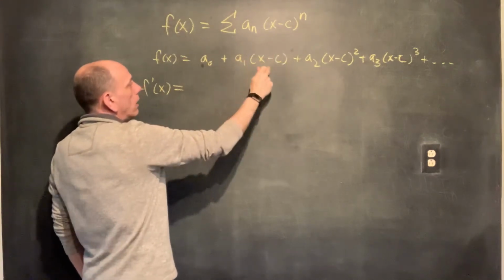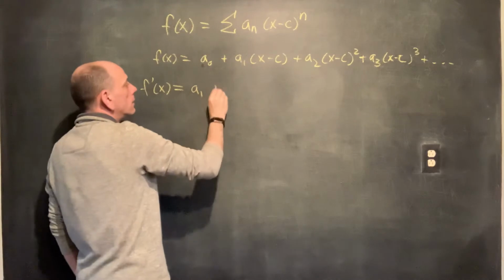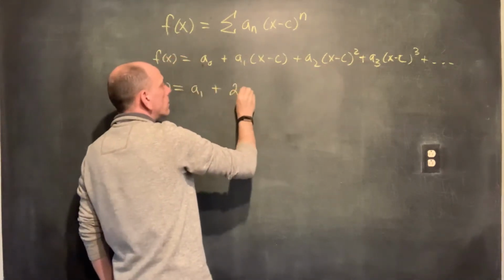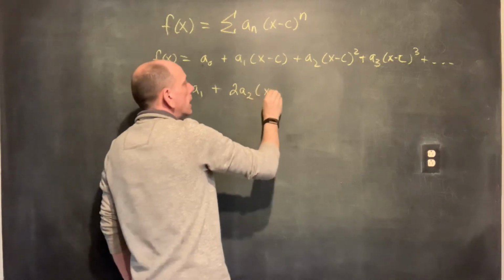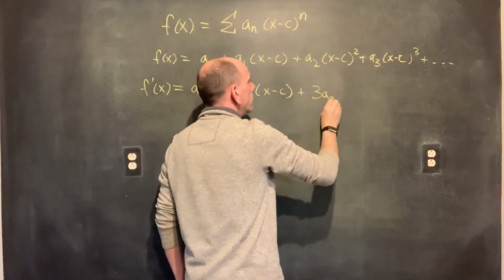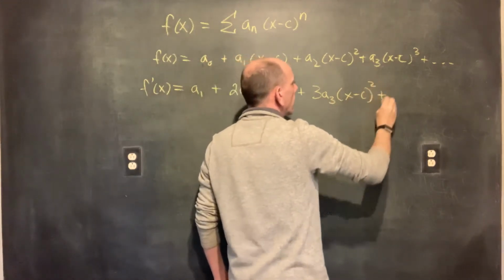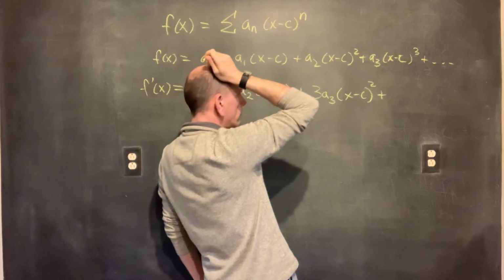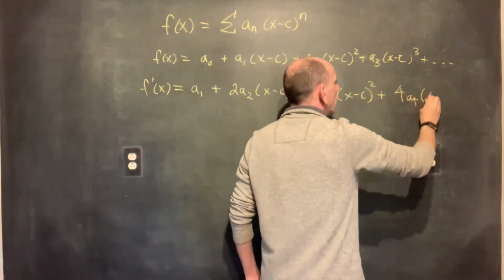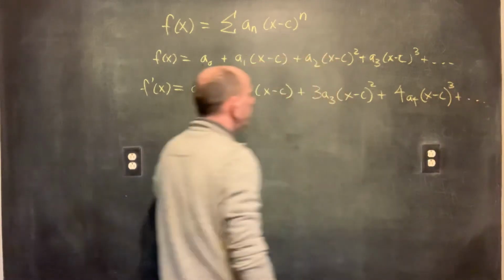We're going to get a sub 1 plus 2a sub 2 times x minus c to the first power plus 3a sub 3 times x minus c to the second power plus, let's just do one more term, 4a sub 4 times x minus c cubed plus, and so on.